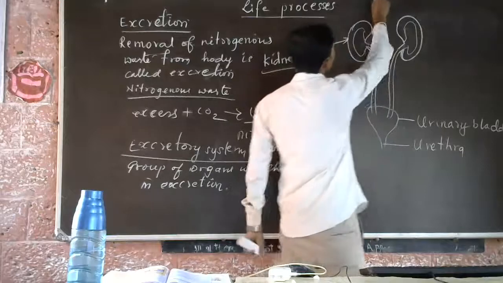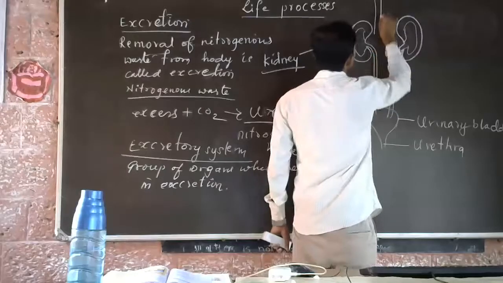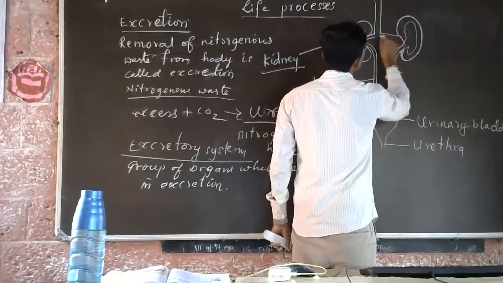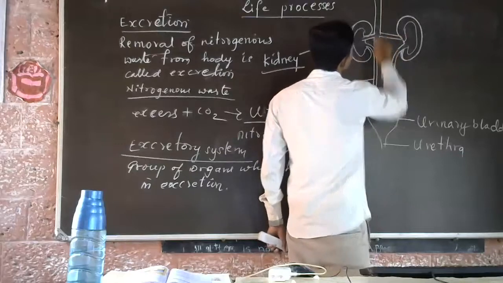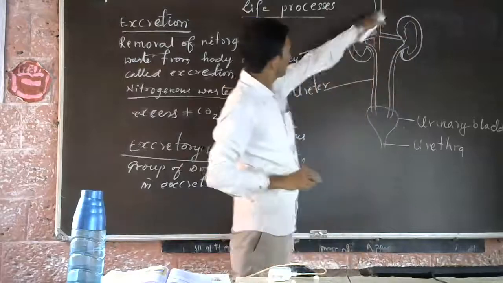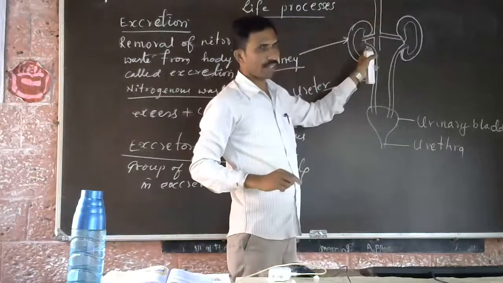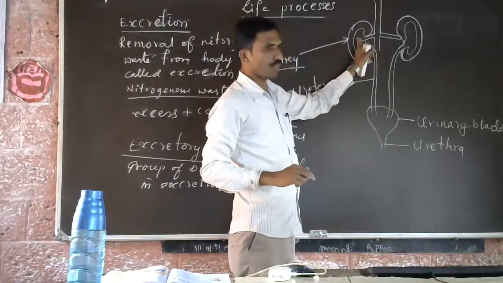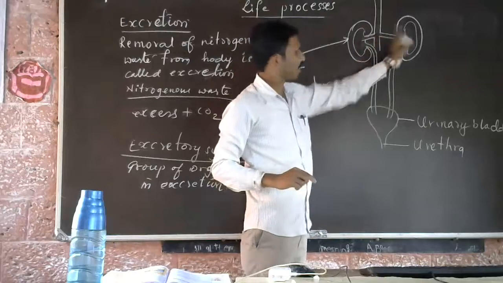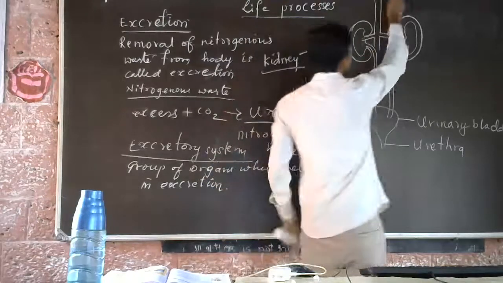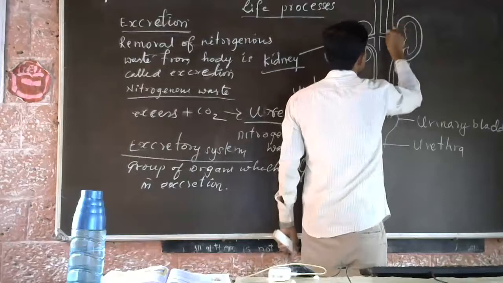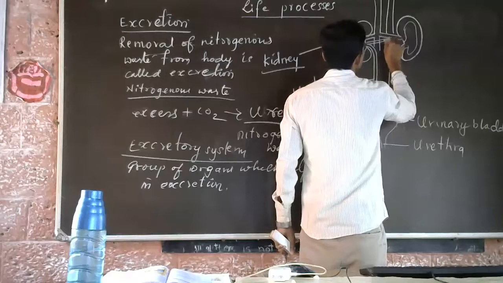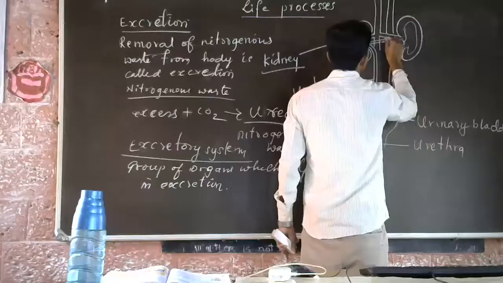Then an artery enters both the kidneys. The main artery branches, and one branch comes to one kidney, and another branch enters the other kidney. Similarly, there are veins also. Veins also enter here.